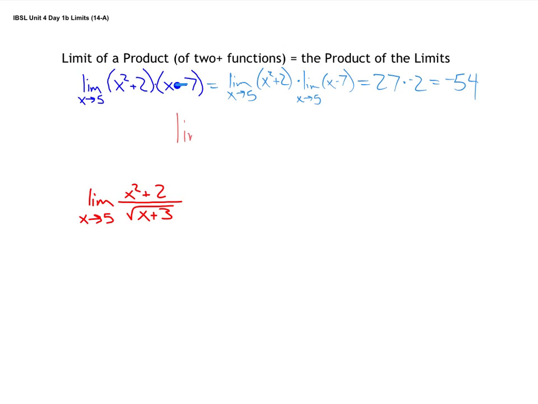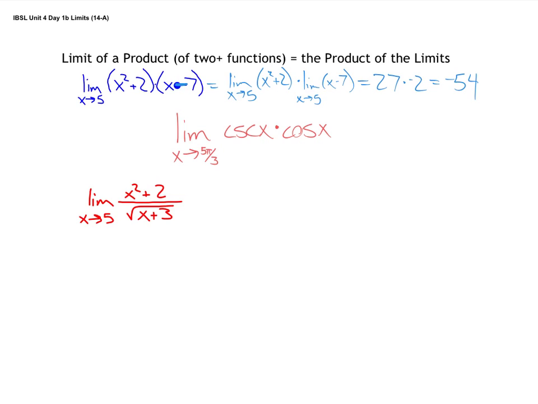Let's say we wanted to do the limit as x approaches 5 pi over 3 of, let's say we had the cosecant x times cosine of x. Okay? Now, I have absolutely no idea what this function looks like. Cosecant times cosine. I don't know what that looks like.